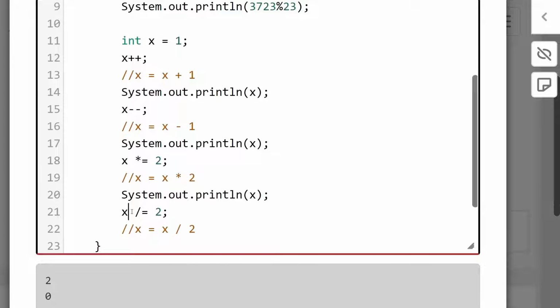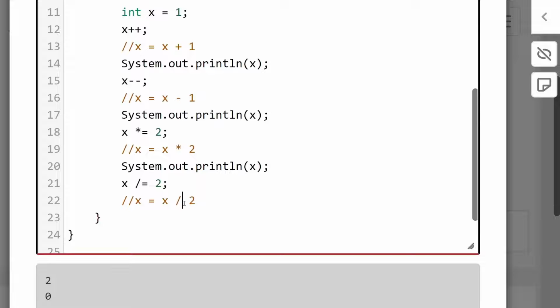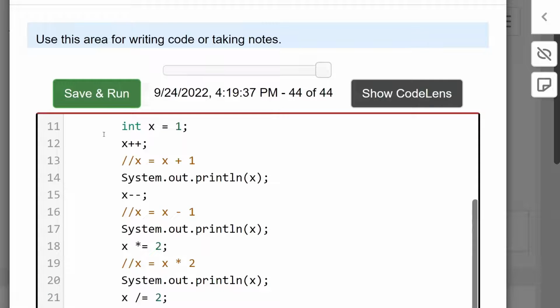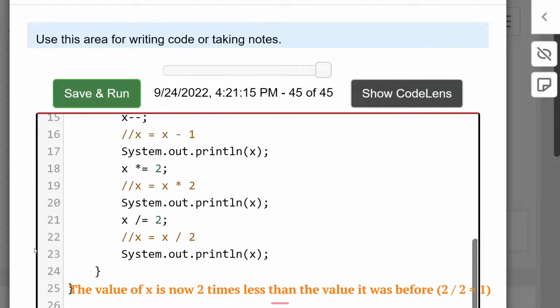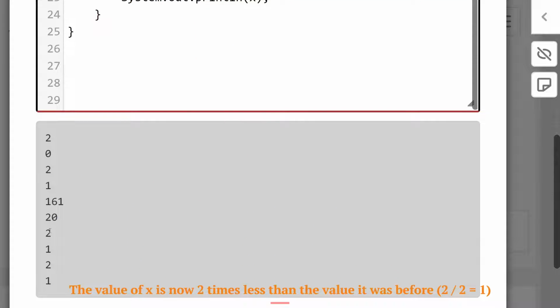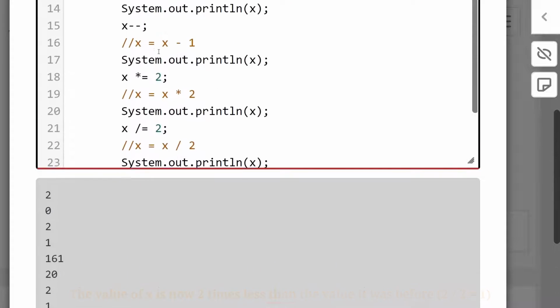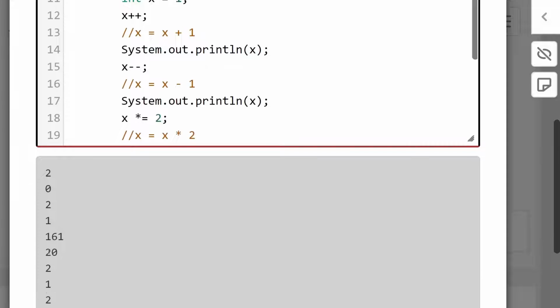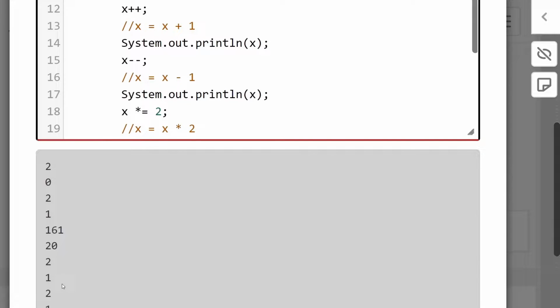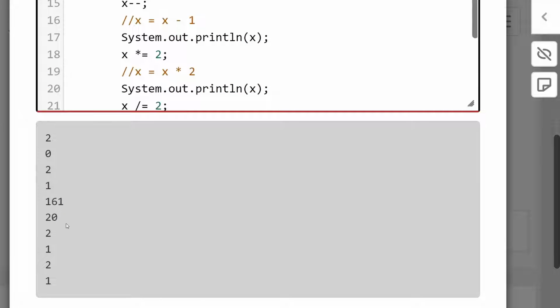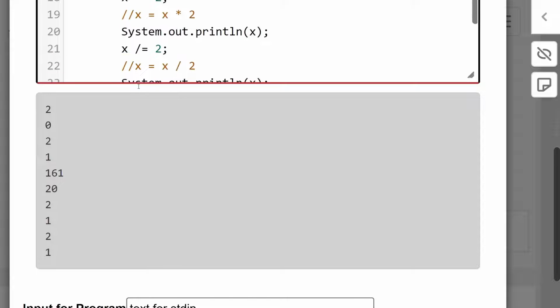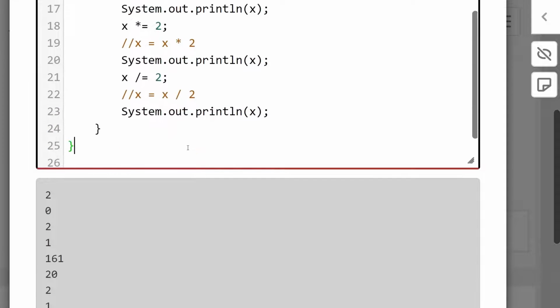And then we do 2, which is the current value, divided by 2, and x now equals 1, since 2 divided by 2 equals 1. And you can see, this all adds up: 1 plus 1 is 2, 2 minus 1 is 1, 1 multiplied by 2 is 2, and then 2 divided by 2 is 1.